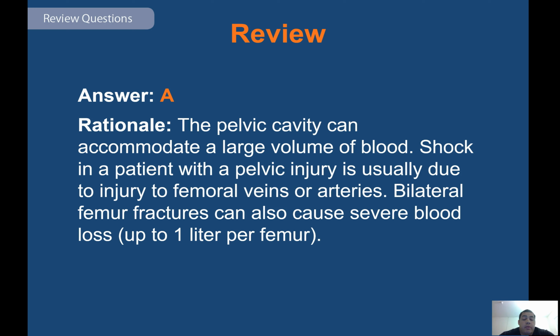Shock in a patient with a pelvic injury is usually due to injury to femoral veins or arteries. Bilateral femur fractures can also cause severe blood loss, up to 1 liter per femur. So femur fractures and pelvic fractures, you guys have to really be worried about and have a high index of suspicion. People could bleed out and die from these injuries.